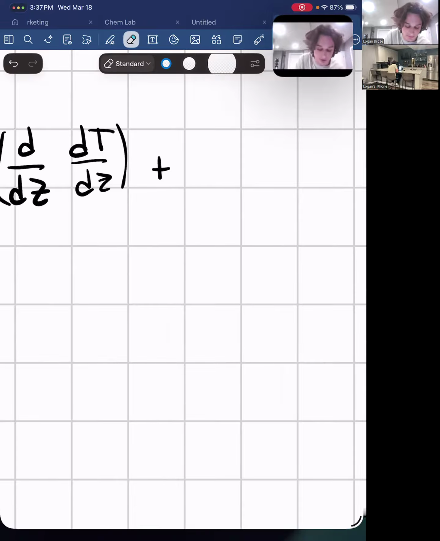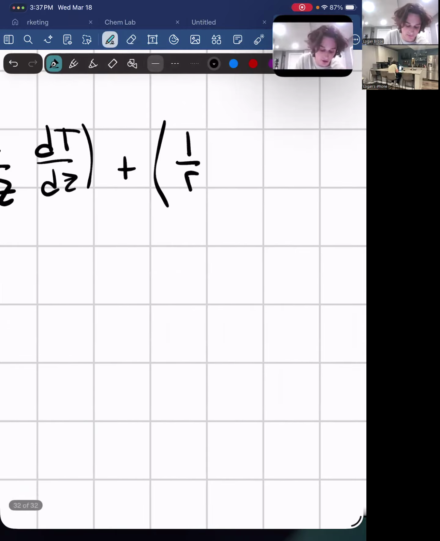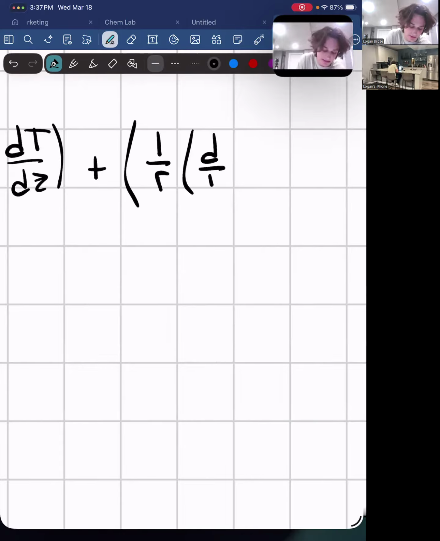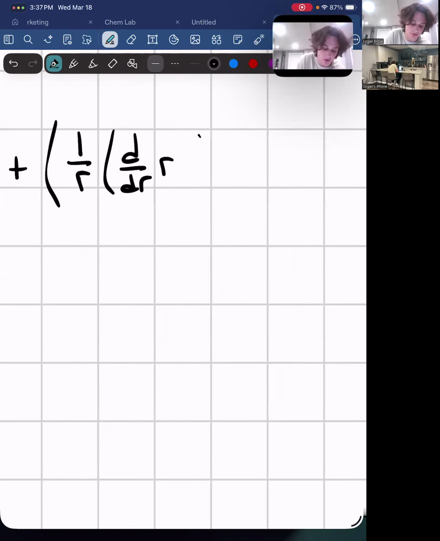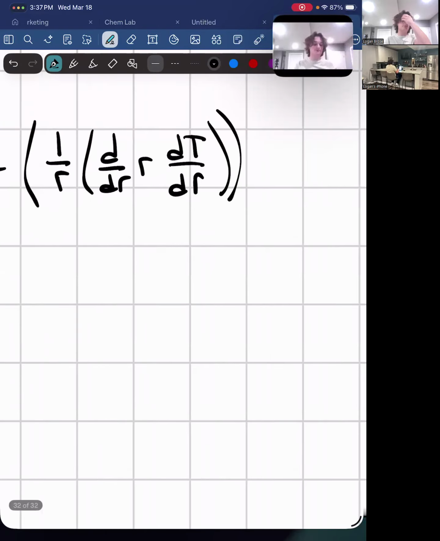So we'll start with a 1 over r times d dr of r dT dr. So this is our new r term.